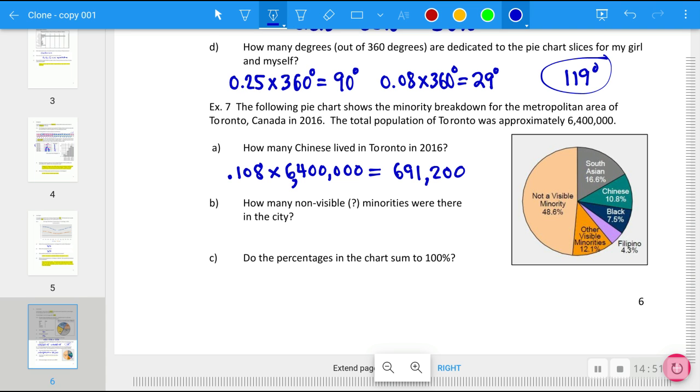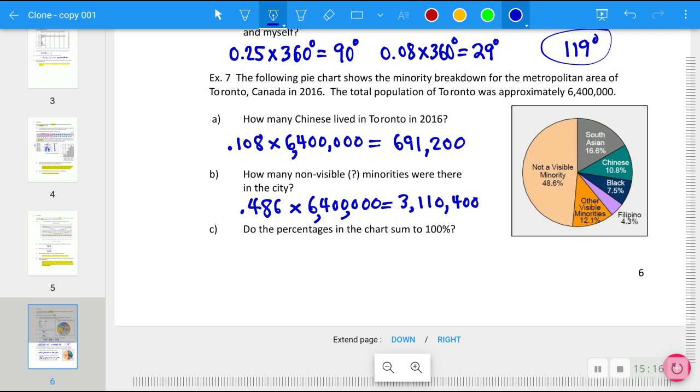But 48.6%, and you multiply that by the base value of 6,400,000 in the city altogether, and that turns out to be 3,110,400 people, or non-visible minorities. I'm not sure if that's a minority that's invisible or not, but can't really tell.